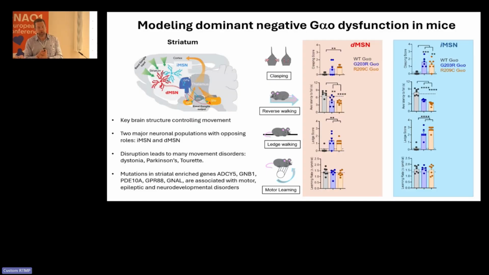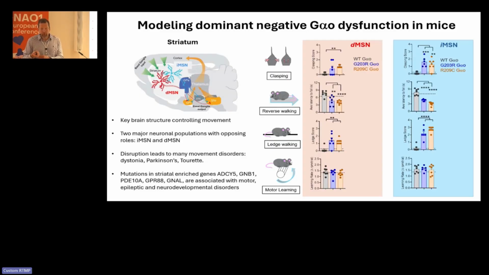A lot of those molecular players that I introduced in the beginning, such as type 5 adenyl cyclase, GNAL, and also G beta 1, are very prominently enriched in this brain region, which makes it even more important to examine the contribution of this region to the brain pathology.